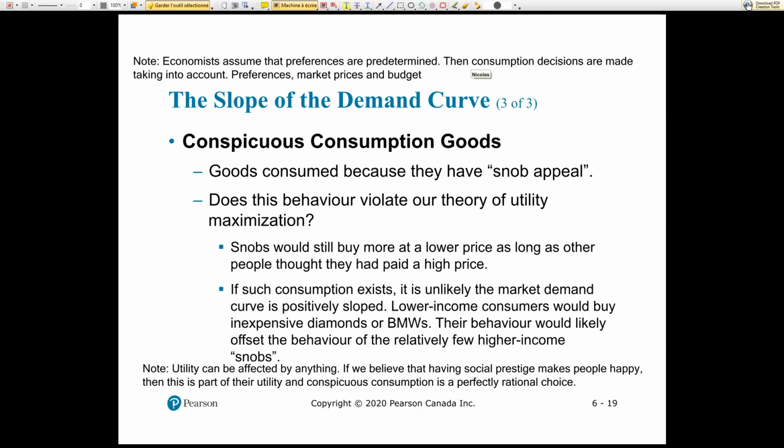Because then you would say, oh, the price went up, but I didn't consume less because I had less money. I consumed less because I thought it was not a good thing anymore, or the characteristics had changed. At some point you have to categorize what's changing. It's the whole ceteris paribus assumption. You change one thing and you leave the other unchanged.